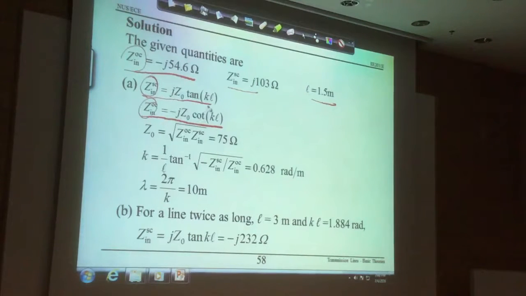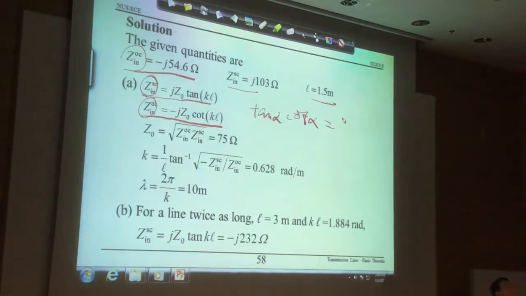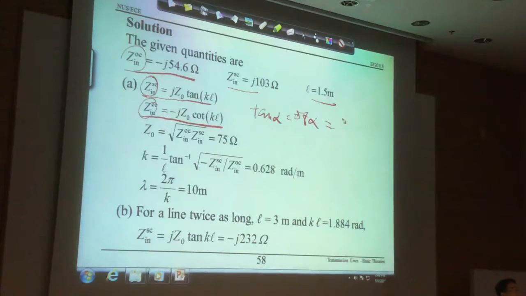So also we understand tangent KL times cotangent KL is equal to what value? 1.